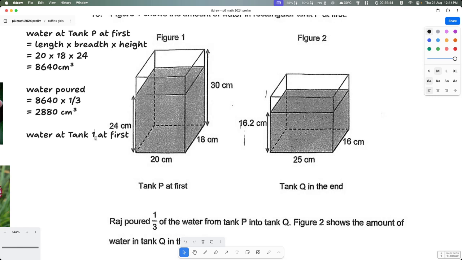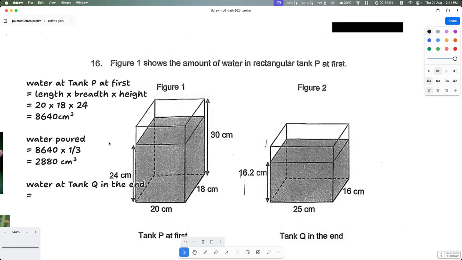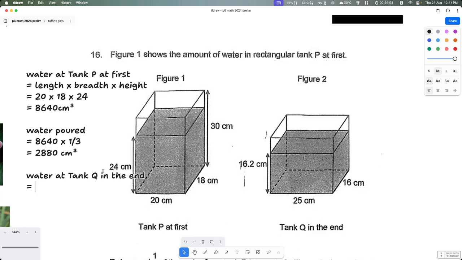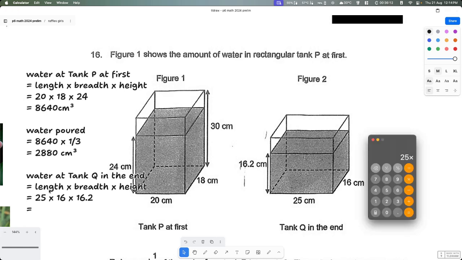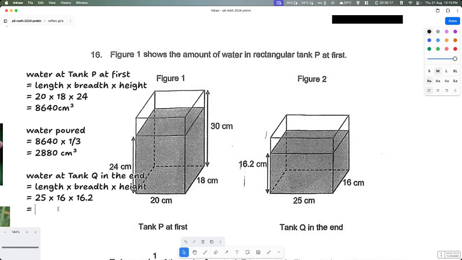So tank Q in the end is equal to length times breadth times height, which is 25 times 16 times 16.2. Let's use our calculator: 25 times 16 times 16.2 is 6,480.